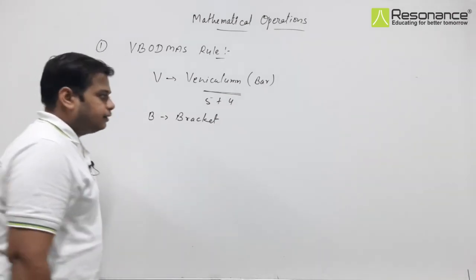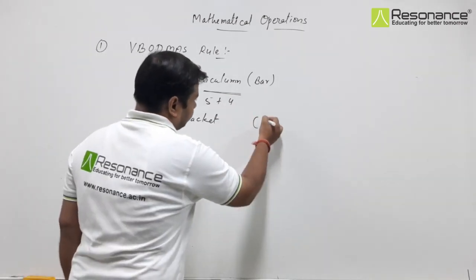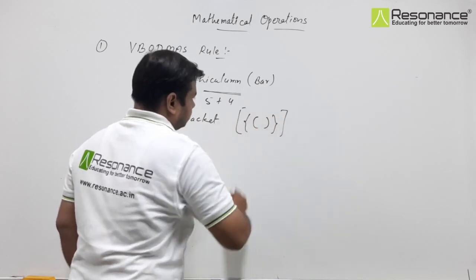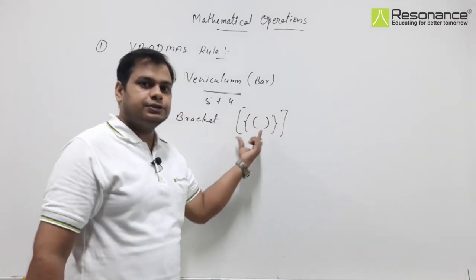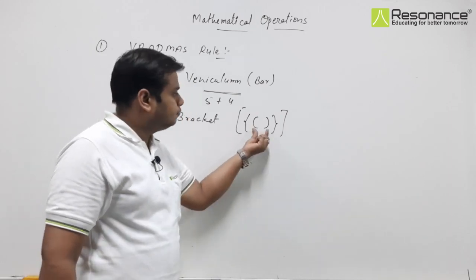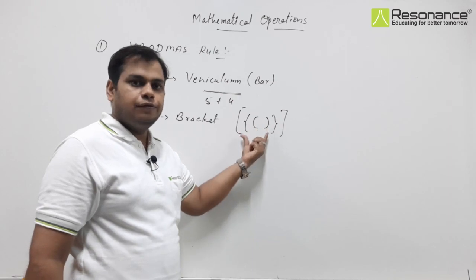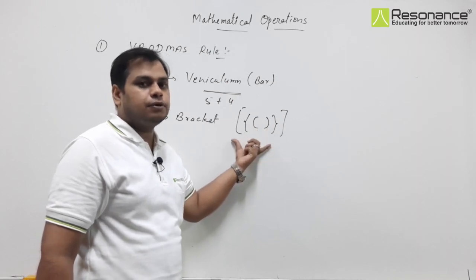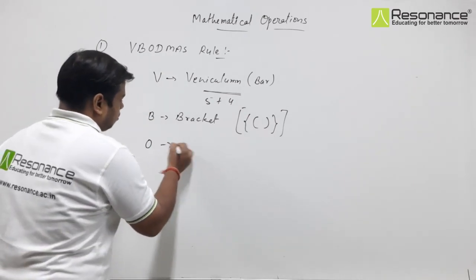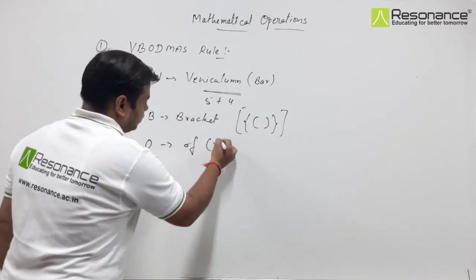We know about bracket. There are three kinds of bracket: small, curly and large, and the sequence of solving is from inside to outside. That means if we have all three kinds of brackets, first of all we have to solve small, then curly, then large bracket. O means of. Of means multiplication.